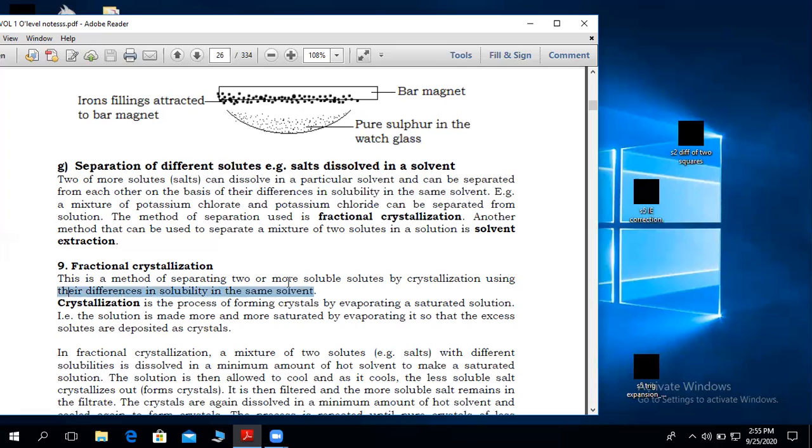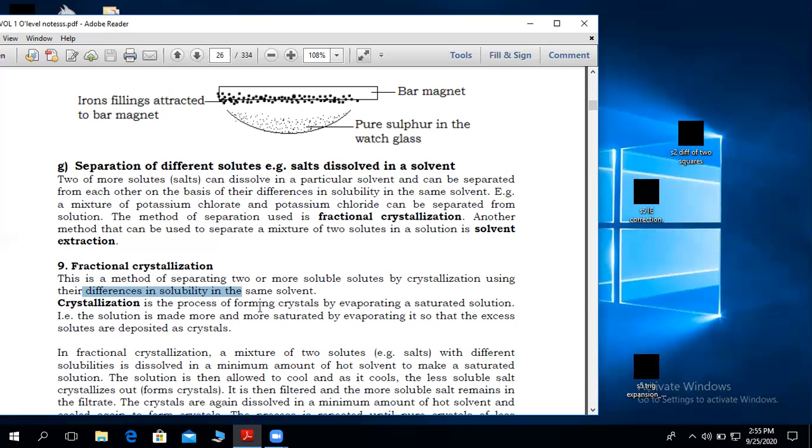So the criterion or the reason for separating two soluble substances by fractional crystallization is their difference in solubilities. That is, one substance may be more soluble than the other. We use fractional crystallization.